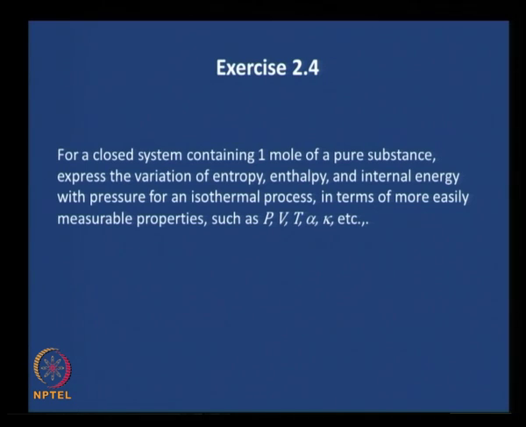For a closed system containing 1 mole of a pure substance, express the variation of entropy, enthalpy and internal energy, these three are somewhat more difficult to measure, with pressure for an isothermal process in terms of more easily measurable properties such as pressure, volume, temperature, alpha, kappa, expansivity, compressibility, etc. Note that this is an isothermal process and therefore the temperature is held constant there.